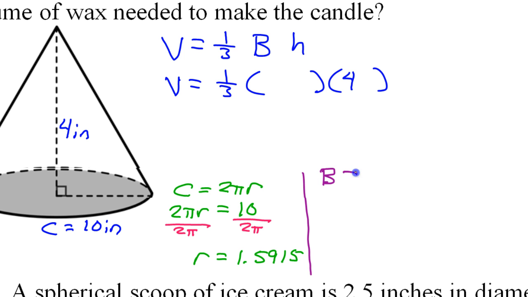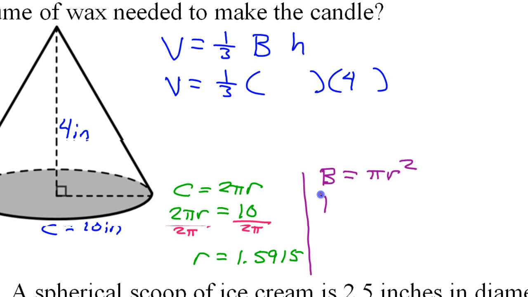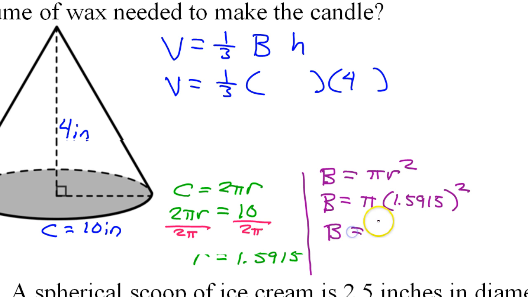So the area of the base, which is a circle, should be pi times the radius squared. So the area of the base is pi, okay, now the radius is this 1.5915 squared. Okay, so this should give me the area of the base.